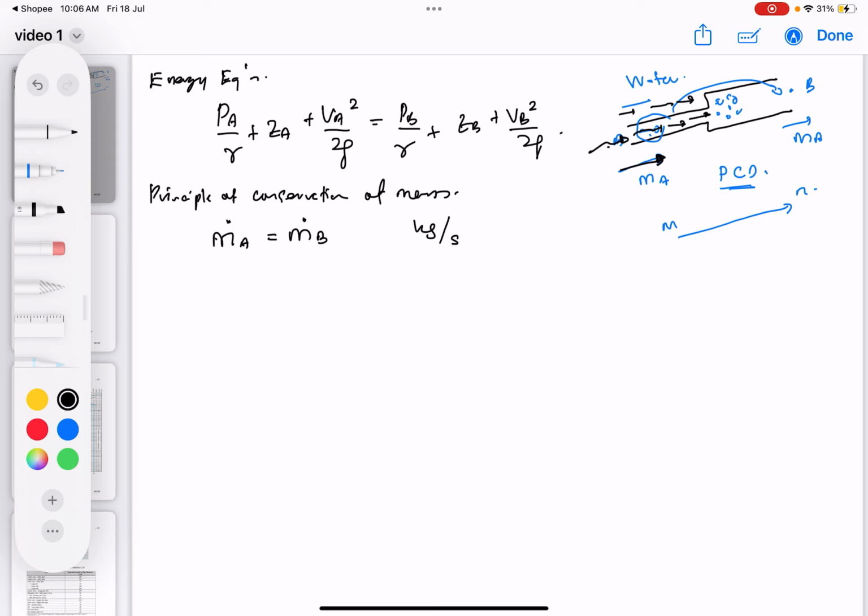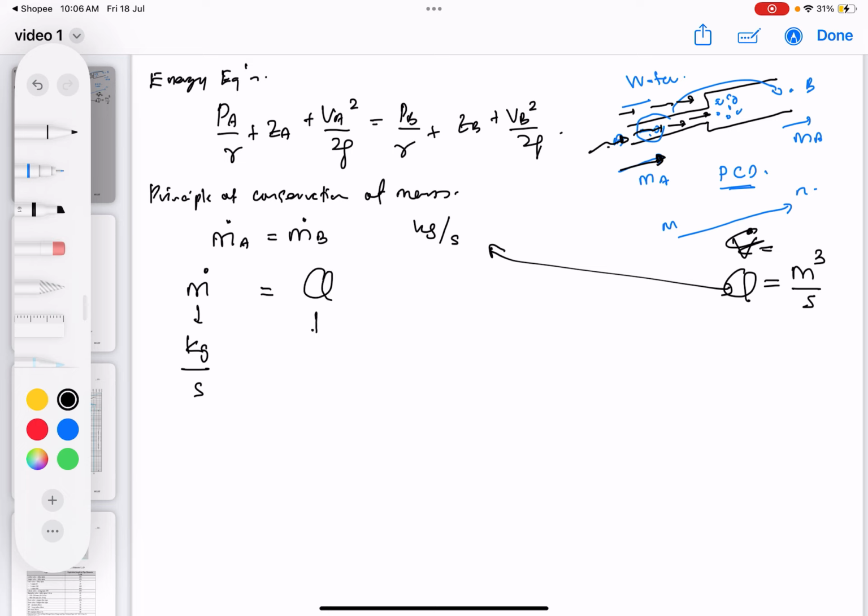Instead, it's easier for us to measure the volume, or volumetric flow rate, which should be Q, with the unit of meter cube per second. So from here, in the unit conversion itself, mass flow rate in kilograms per second should be equal to volumetric flow rate in meter cube per second.